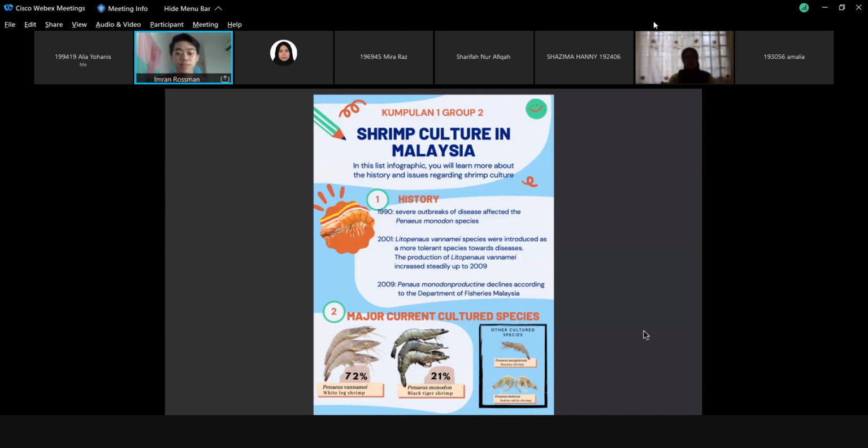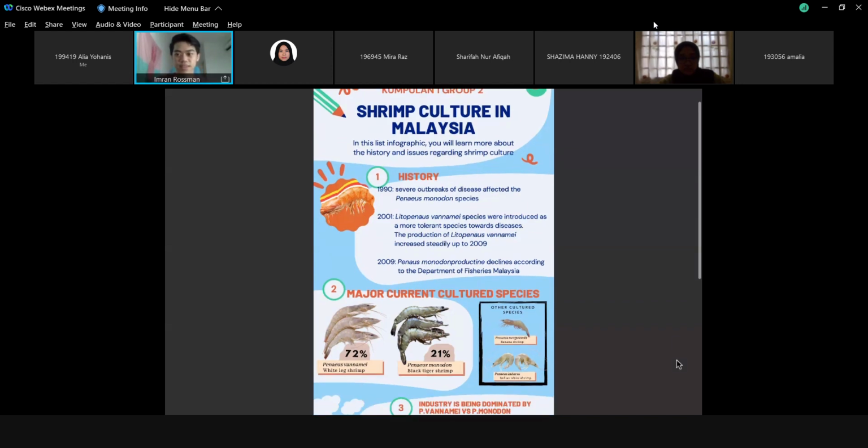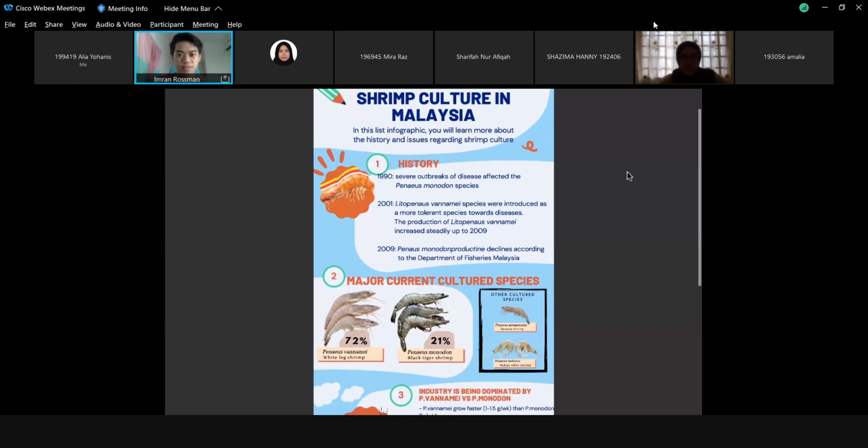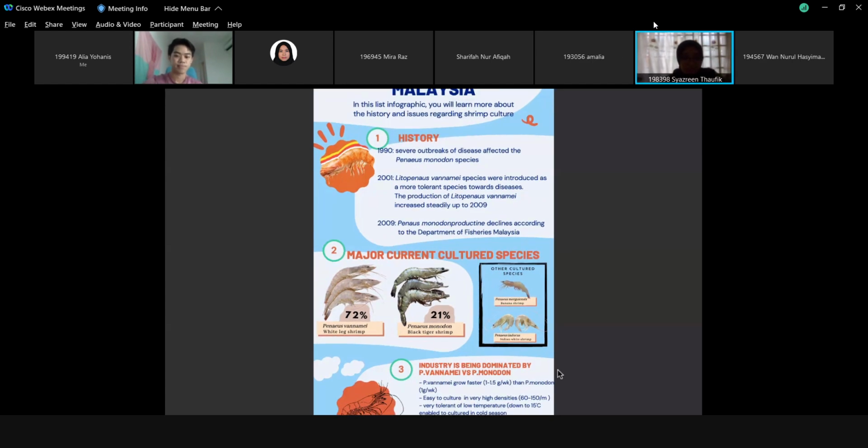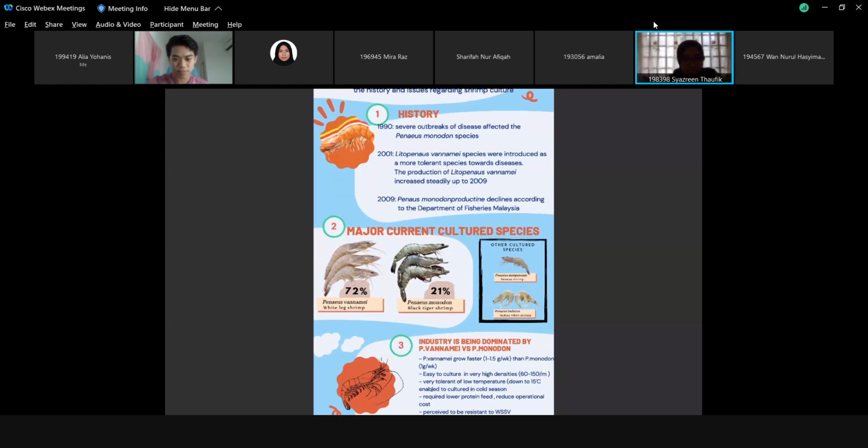The production of this species increased steadily up to 2009. And in 2009, Penaeus monodon production declined, according to the Department of Fisheries Malaysia. As for the major currently cultured species, the most cultured is Penaeus vannamei, which contributes about 72%.